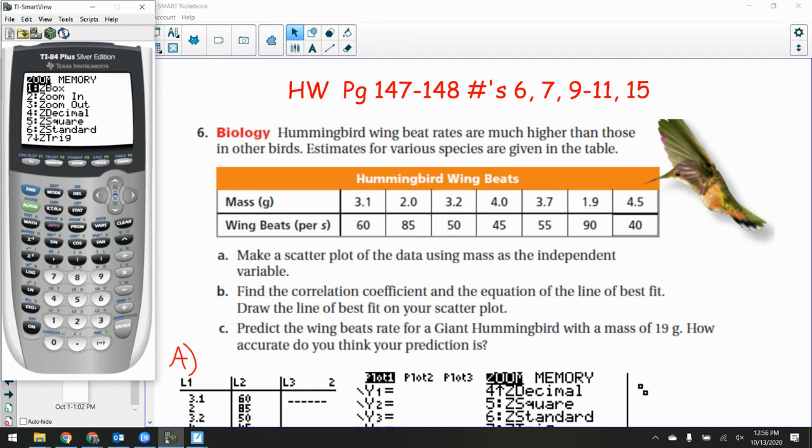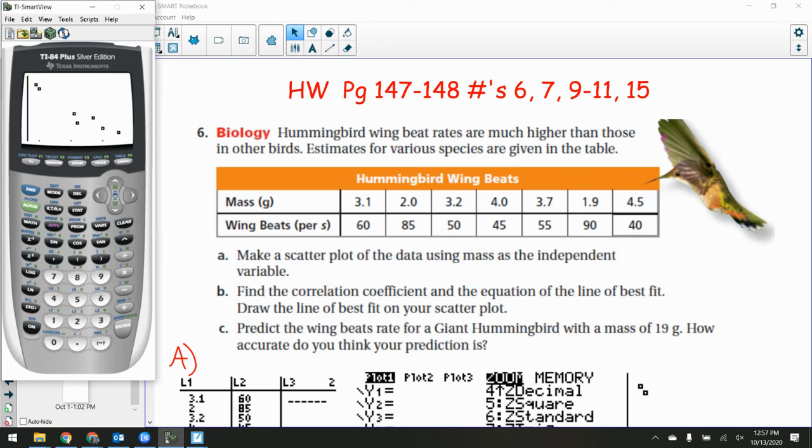So I always zoom standard, put it to its 10 by 10, and now do zoom stat. I know it makes a difference when you do zoom fit, that last one there. So I just like to reset my window before I get started. To reset the window, you do zoom 6, zoom standard, puts it to a 10 by 10. Now to make it fit the data, you do zoom, and then choice 9 for me is zoom stat.